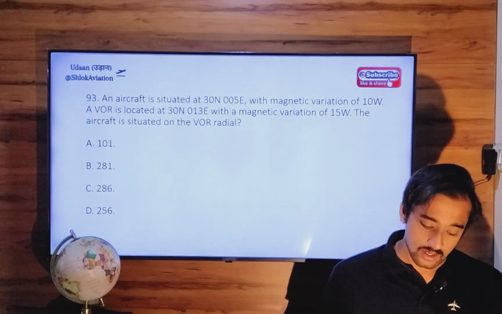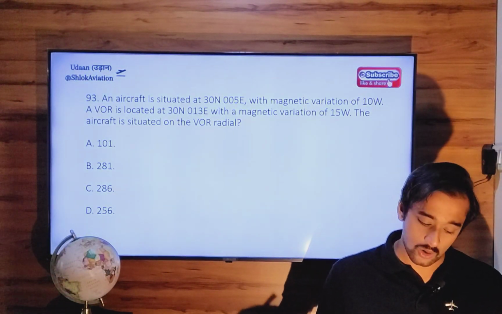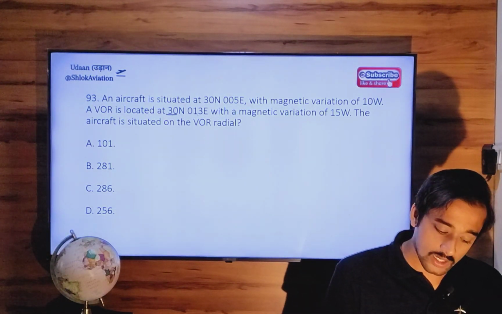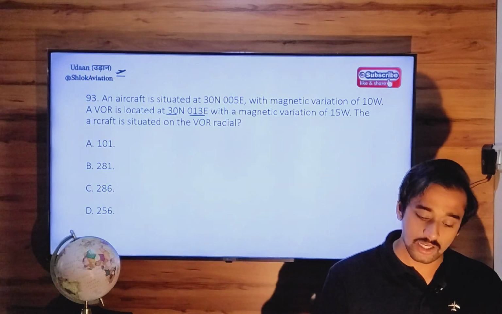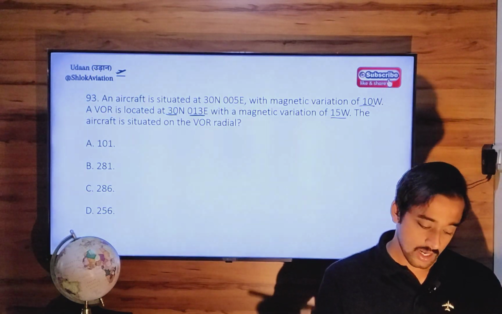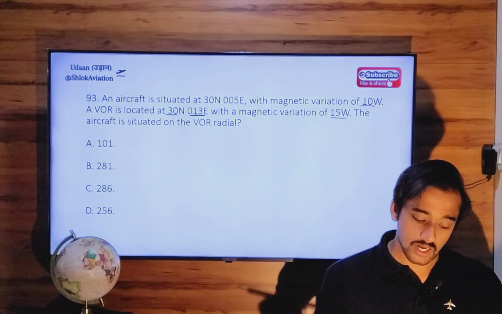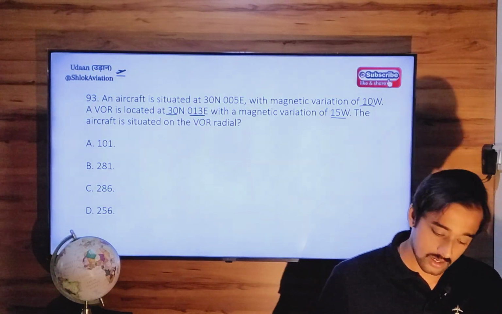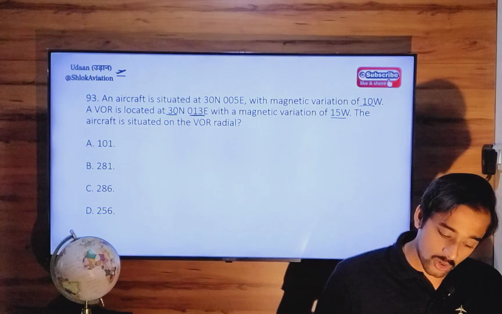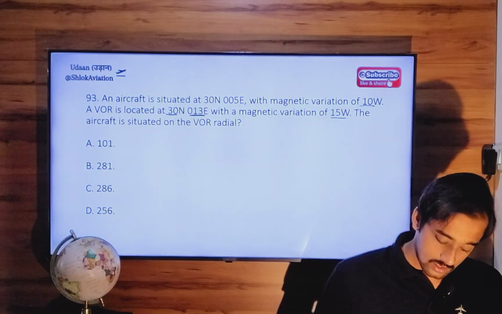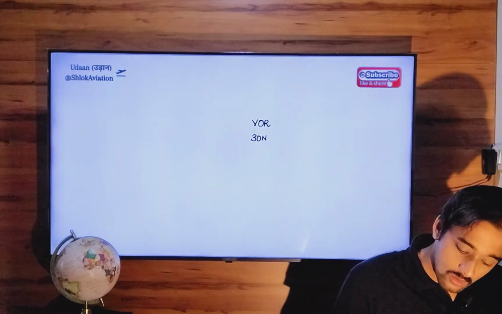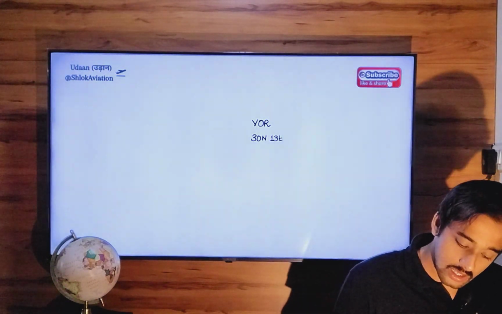Question 93. Aircraft is situated at 30 degrees north, 5 degrees east. VOR is at 30 degrees north, 13 degrees east, and variation at both places is given to you. What is the radial on which your aircraft is situated? So let's draw the diagram. VOR is at 30 degrees north, 13 east.